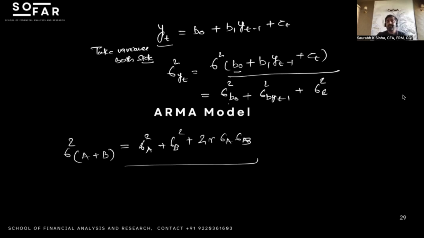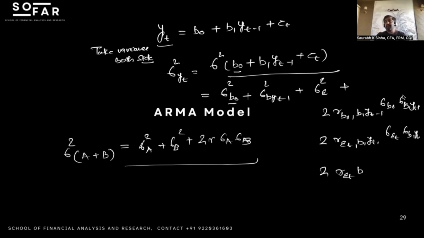And plus 2 into correlation between beta naught and B1 YT minus 1 into standard deviation of beta naught into standard deviation of B1 into YT minus 1, 2 into correlation between error term and B1 into YT minus 1 into standard deviation of error term into standard deviation of B1 into YT minus 1, plus 2 into correlation between error term and beta naught, and so on.